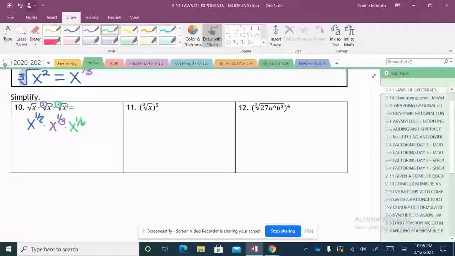All right, so if we're multiplying all of these, the rule is we add the exponents. Okay, so in my calculator, we're going to do 1/2 plus 1/3 plus 1/6 and see what it gives us. And I believe it gives us 1, x to the first power. And that's it.